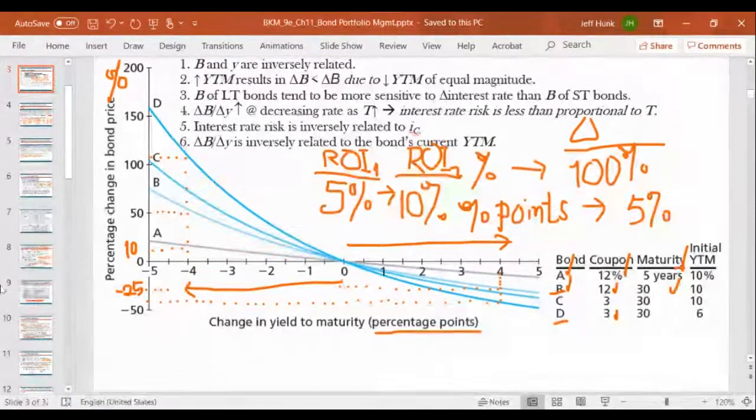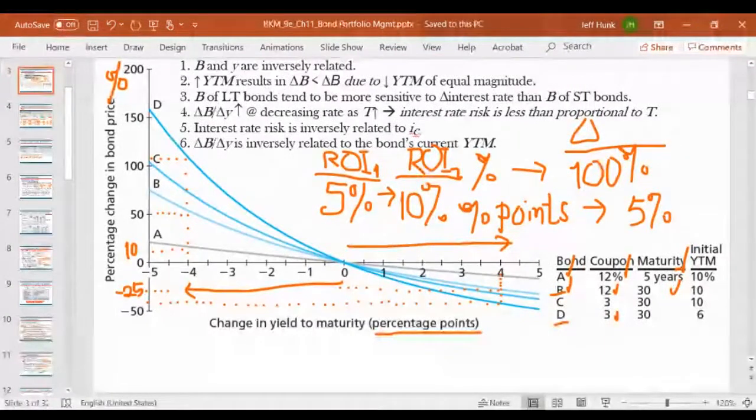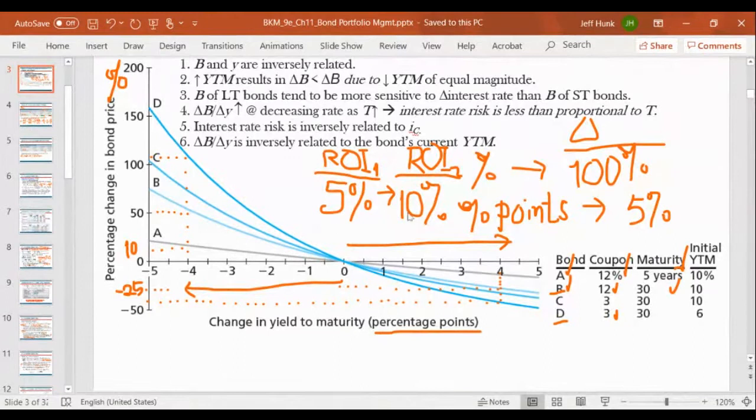You all know that the actual demand curve is literally curved. That's why they call it a curve, right? It's exponential. It's not a straight line. A straight line is only an approximation. Just like that, duration is a straight line because it's a slope. Duration is a slope. The slope of a curve is a straight line, right?